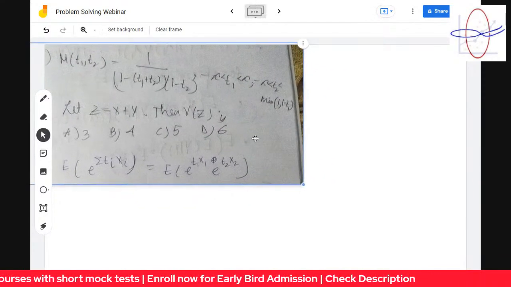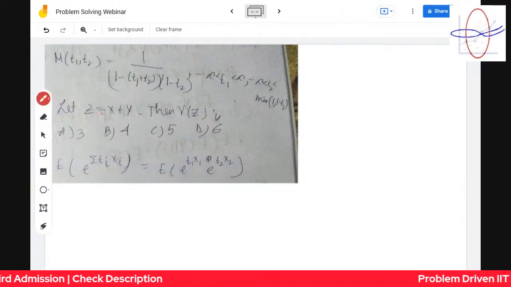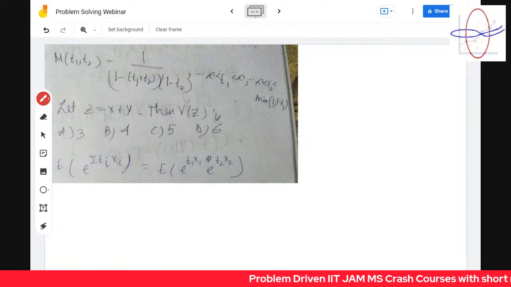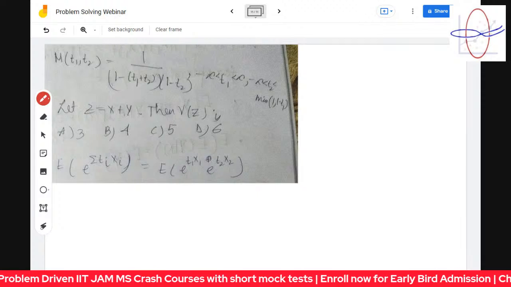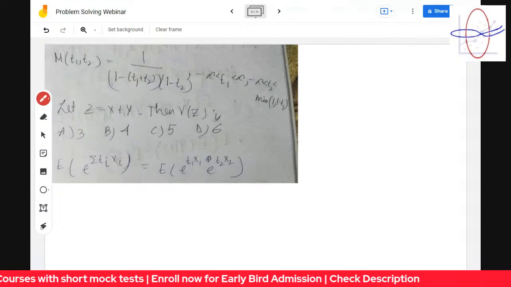So the question you're asking, that M of t1 comma t2 is this. Let me write it down. Okay, this is a bit difficult. Do you have the problem? I think it was a past one. Give me a moment, I think I can find it. I think it's actually a past year IIT problem only.